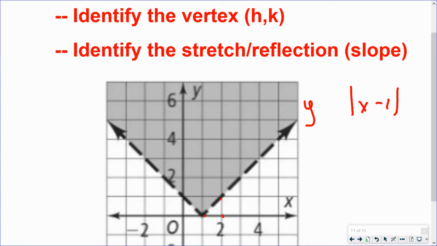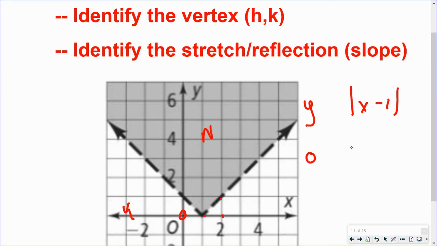Now I have to decide, is it a greater than or a less than? I know it's either greater than or less than because it's a dash line. So I put my 0, 0, making this the yes side, this is the no side. Now what I'm thinking is I want to come up with something where 0, 0 is not the answer.